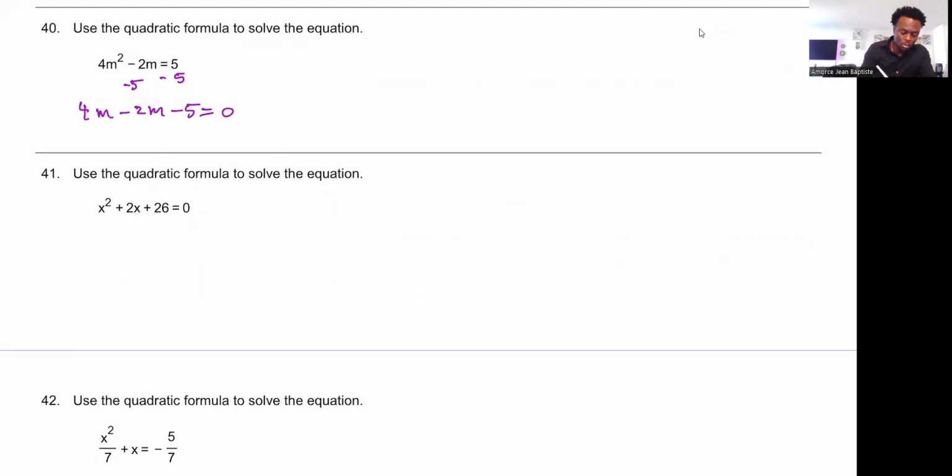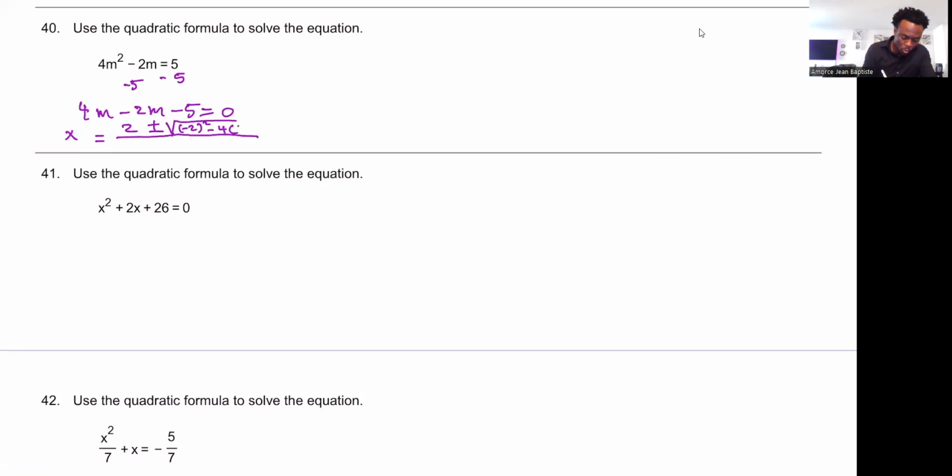Your quadratic formula, you know it, x equals, I'm just going to plug in the values because we want to go fast. Once you understand it, we can go faster. So that is negative 2, that's positive 2, plus or minus the square root of negative 2 squared minus 4.